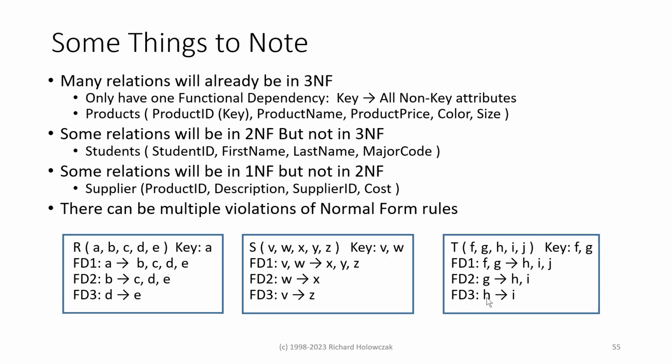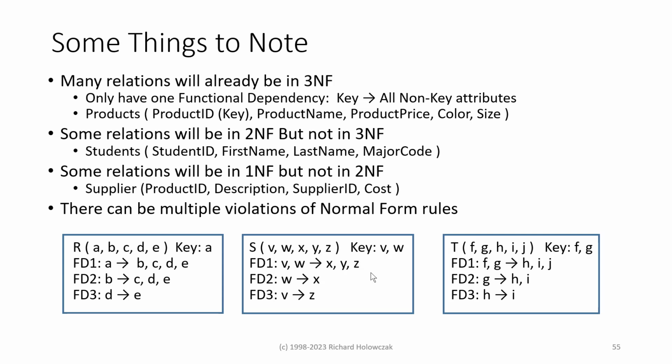And then FD3 is a transitive dependency because H determines I. That's over here in the non-key attributes, H determining I. So relation T has two things that need to be fixed as well. One of them, fix the partial key dependency. The other, fix the transitive dependency. So these are all possible.